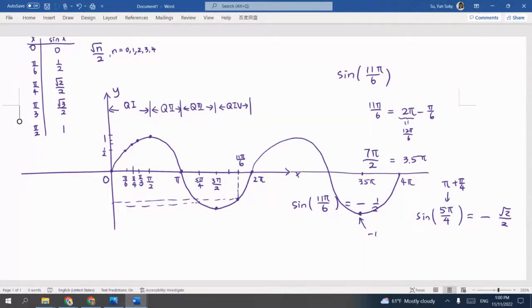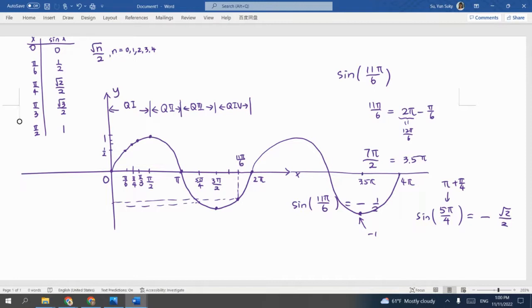Everybody? So this is how to use the sine graph to figure out some special angle values instead of using the unit circle. So what do you feel? Do you like this better than the unit circle, or are you more familiar with the unit circle? Then you can keep using that. Up to you. I'm just giving you another way to do it.